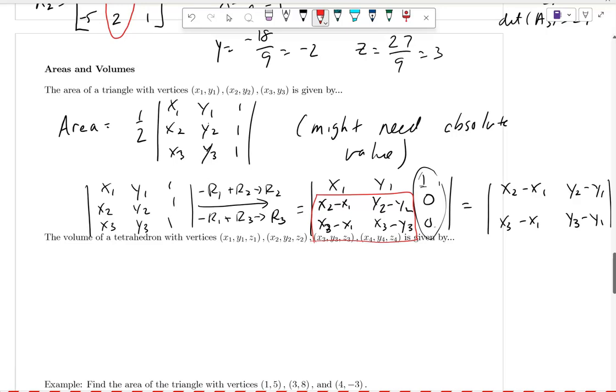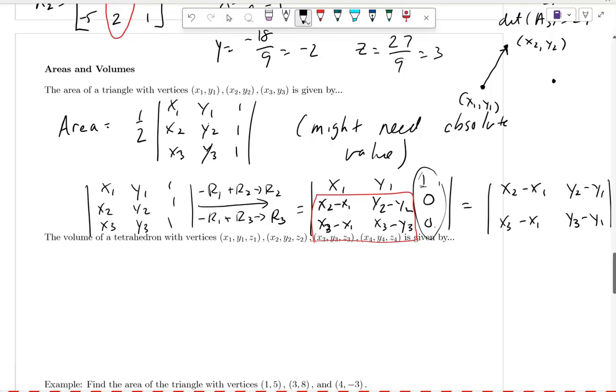Why did I do that? Good question. Say I have 3 points. If I want to start at x1, y1 and go to x2, y2, how do I get the vector that goes from x1, y1 to x2, y2? What do you do?